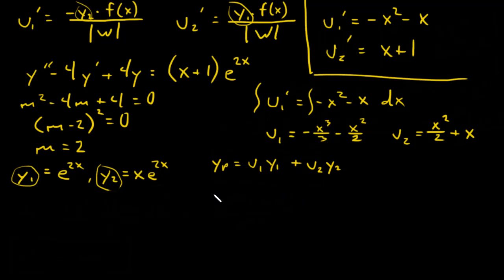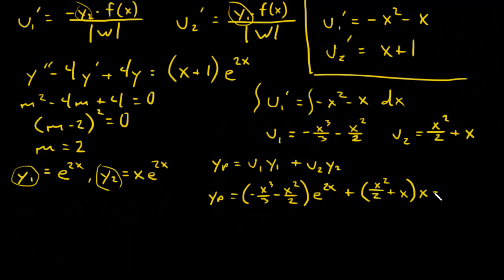Therefore, my y sub p is, drum roll, u1, negative x cubed over 3 minus x squared over 2 times y1, e to the 2x, plus u2, x squared over 2 plus x times y2, x e to the 2x.